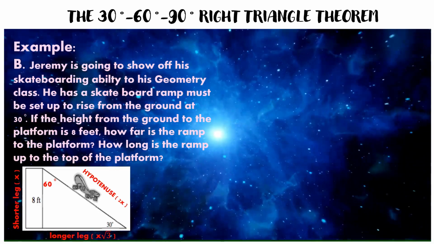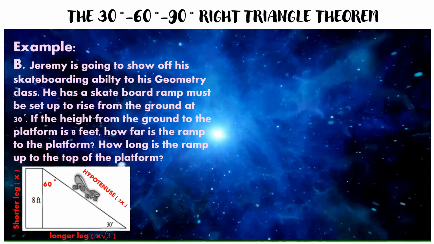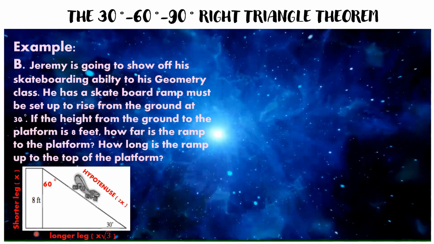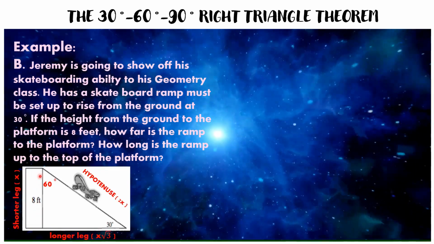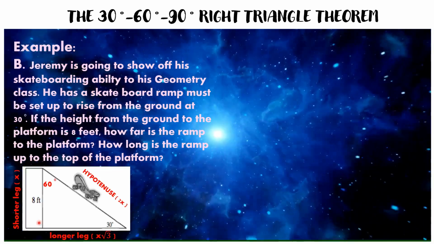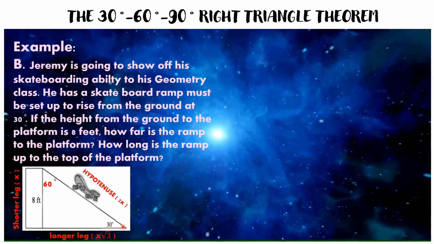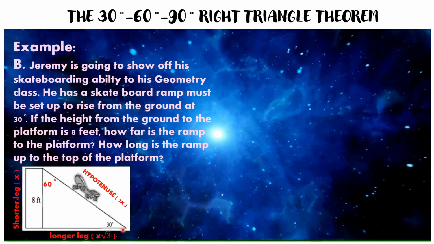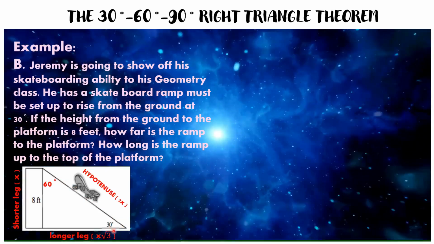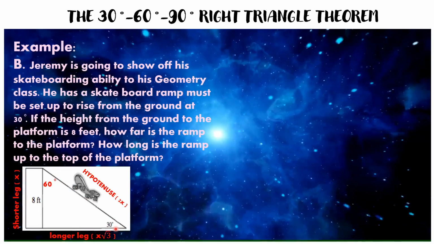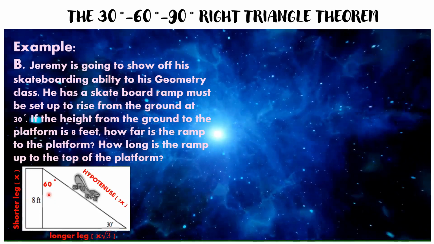So in the given problem, ito po yung ating illustration ng ating problem. Ito po yung platform. Ang height po ng platform natin is 8 feet. And then yung inclination po or yung angle of elevation ng ating ramp is 30 degrees. So kung ito ay 30 degrees, syempre ang sukat ng angle na to ay 60 degrees.